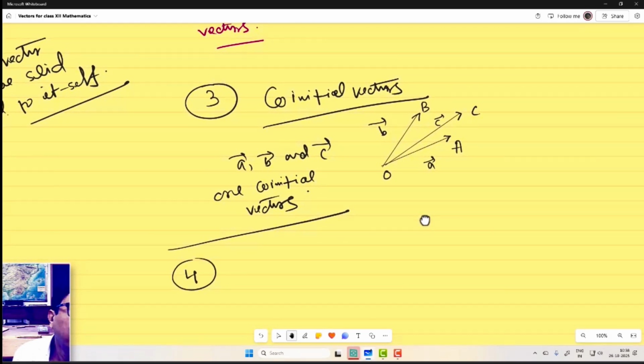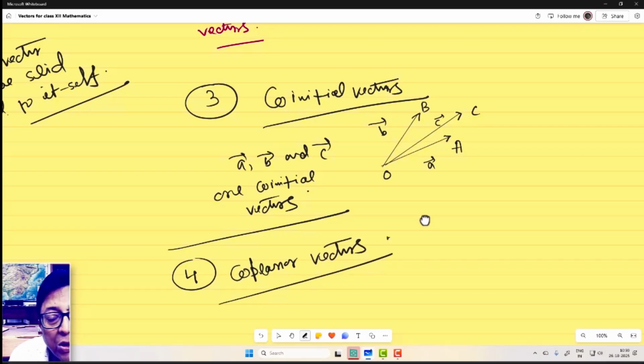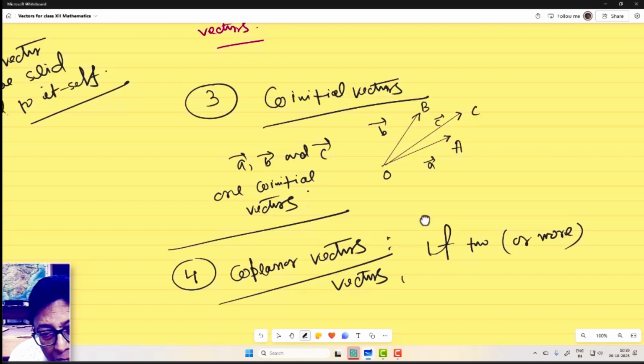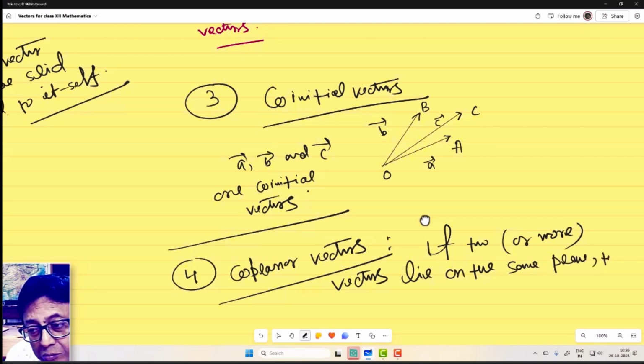Vectors may be coplanar. Why? I am telling you. Coplanar vectors: if two or more vectors lie on the same plane, then they are coplanar.